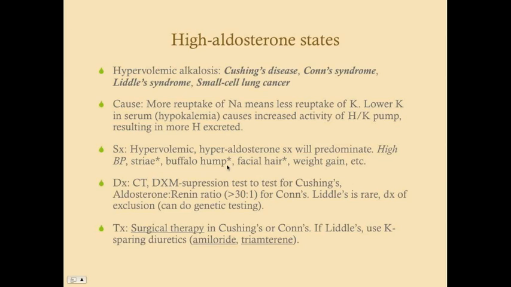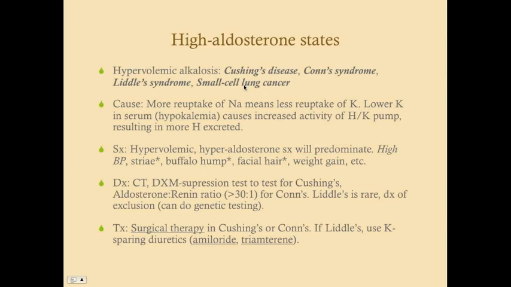The way you're going to make your diagnosis here is going to be tailored towards what you're suspecting based on the symptoms, because not all of these present the same. Small cell lung cancer may present as a hypervolemic alkalosis and hypokalemia in a patient who has difficulty breathing or a chronic cough and has a 20-year history of smoking.